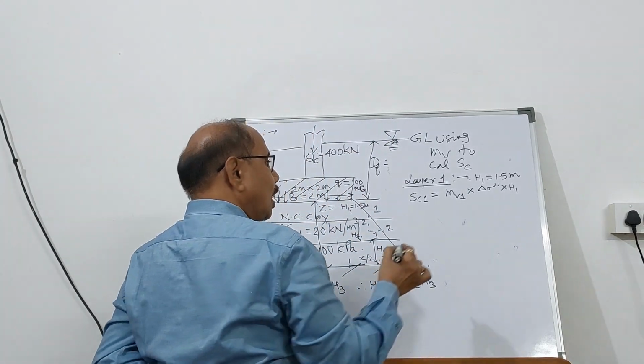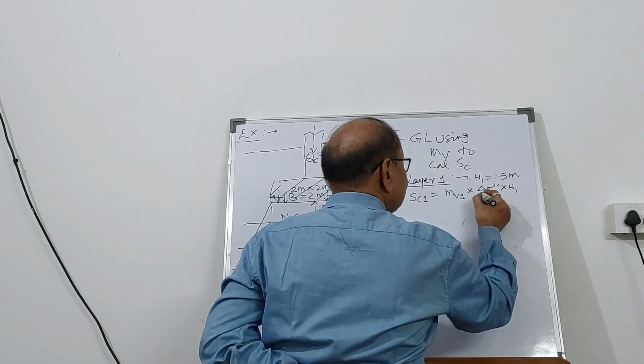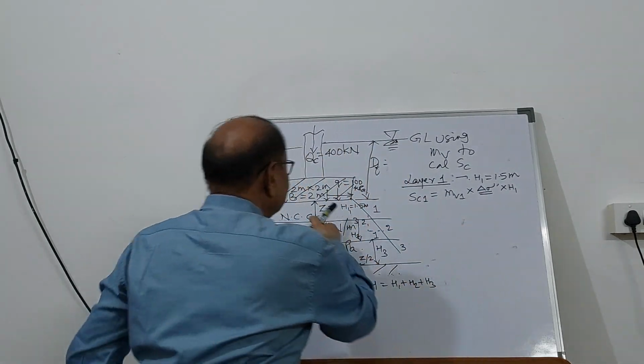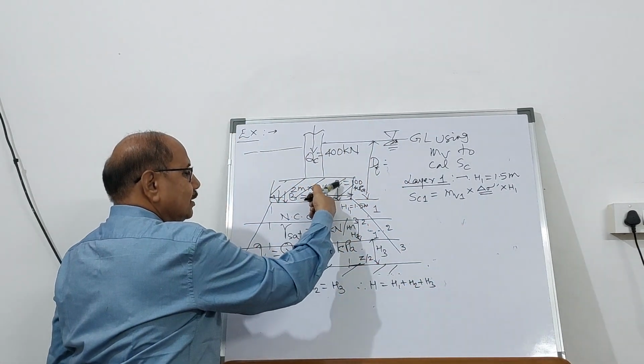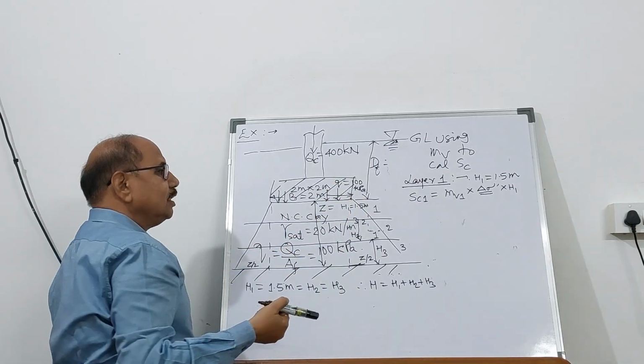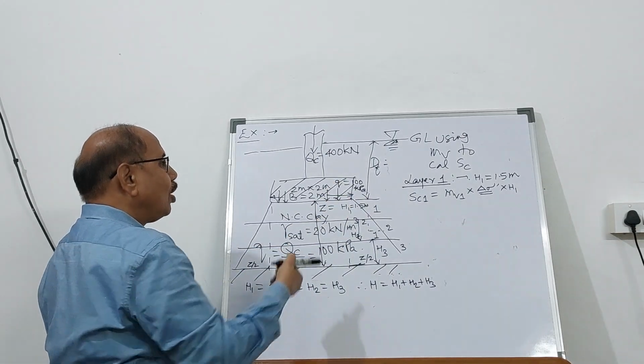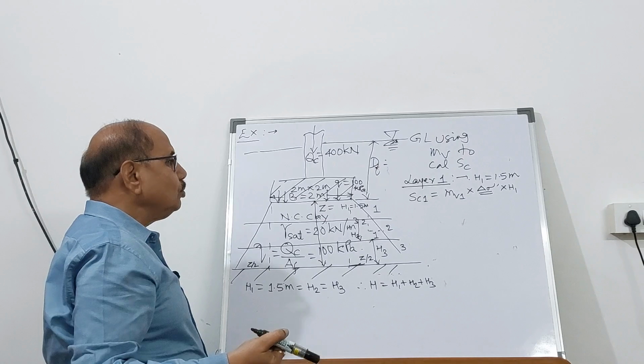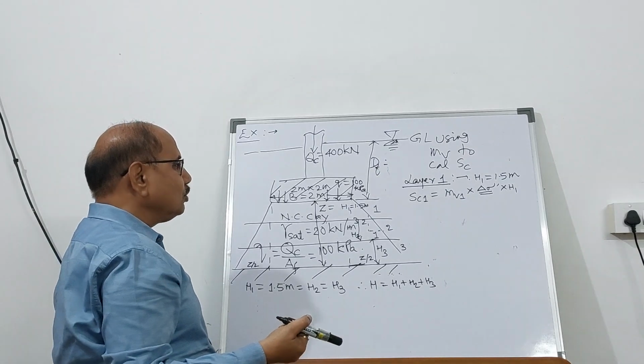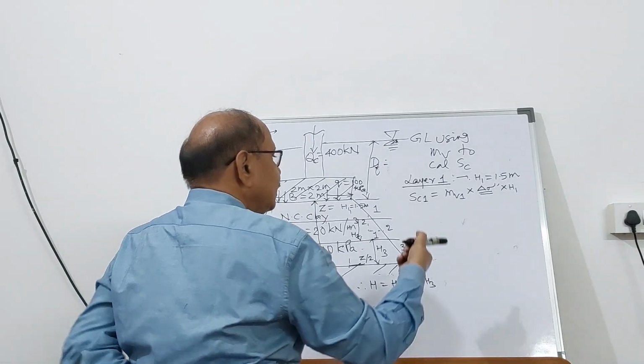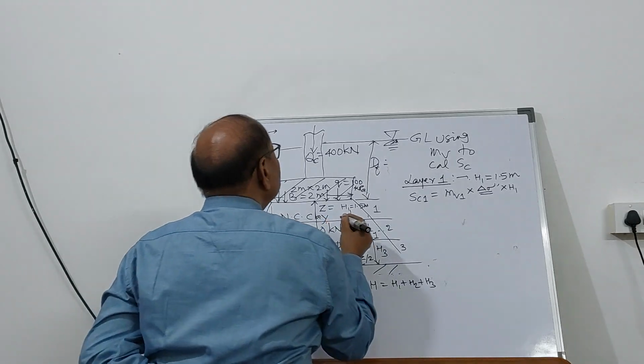Now, how will you find out the increase in pressure? Here at the base of the footing, you know that the intensity of loading is 100 kilopascal, or capital Q equal to 400 kilonewton. So that will help you.